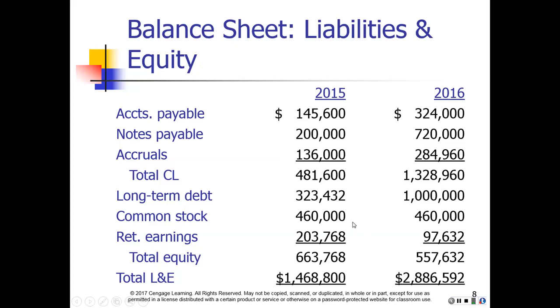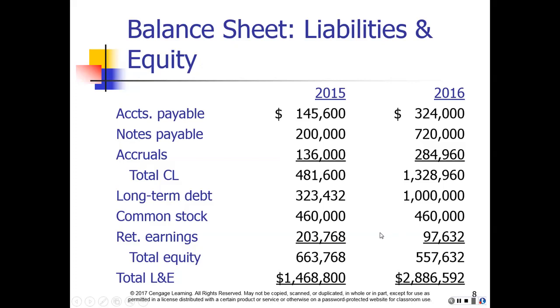So you can see that total debt goes up, equity goes down during the time. That's because we had to borrow funds for the investment and then use some of the equity in the retained earnings account.